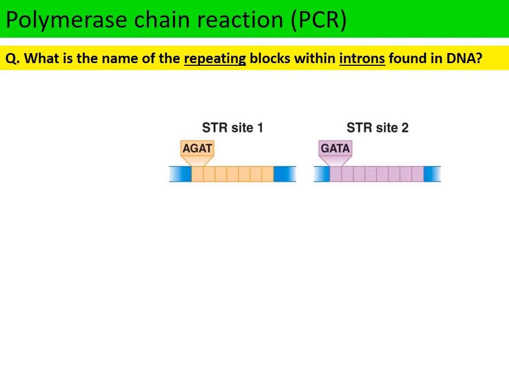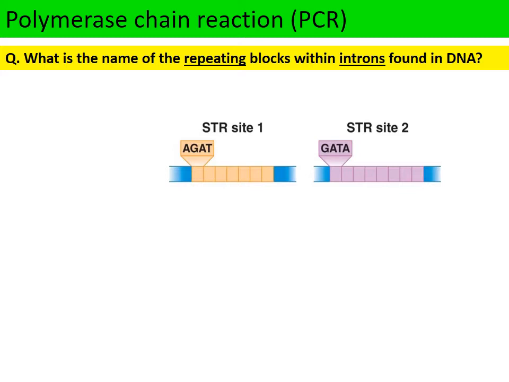So we know within our somatic or body cells, each nucleus has 46 chromosomes. So there's 23 different types of chromosome, but there's 2 of each because we're diploid, so 46 chromosomes. Now, within the genome, which is the entire sequence of bases for all the chromosomes inside the nucleus, we find sequences called introns.